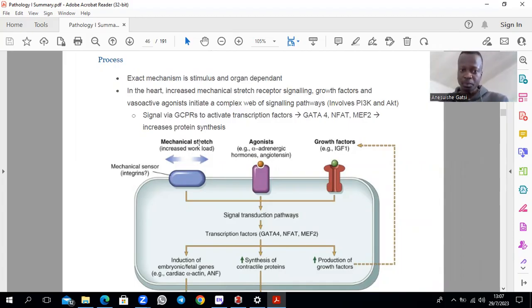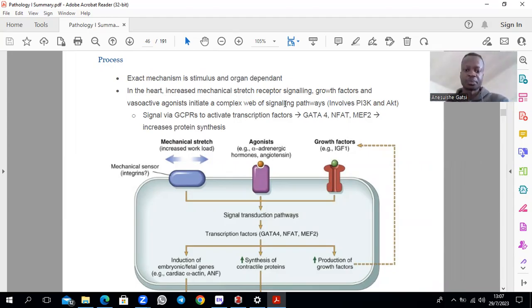So, for example, in the heart, we can have an increase in mechanical stretch, receptor signaling, or growth factors or whatever. Think about someone in heart failure, right, who is retaining a lot of fluid. It's just an example that I'm trying to give, but that's cardiac hypertrophy, right?